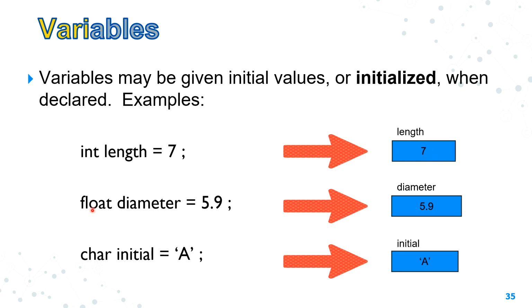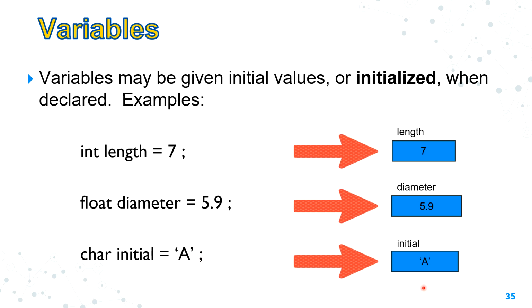Similarly, float diameter = 5.9 declares a floating point variable and stores a decimal value. And char initial = 'A' declares a character variable and stores a single character.